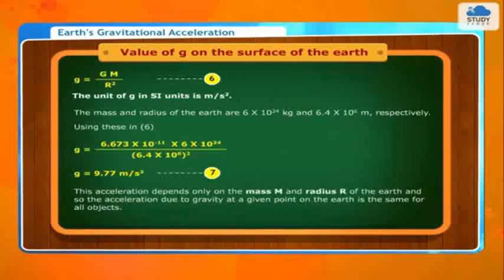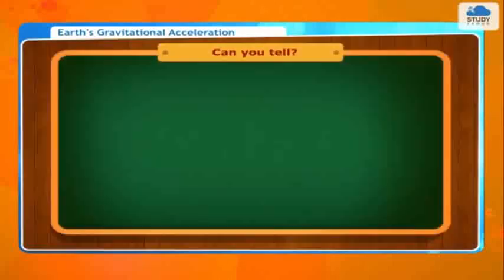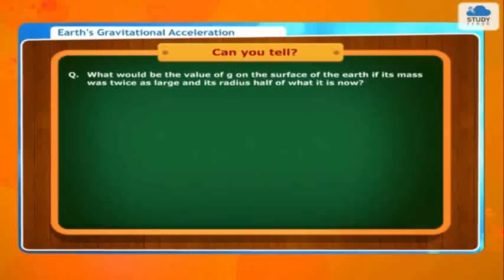This acceleration depends only on the mass M and the radius r of the earth, and so the acceleration due to gravity at a given point on the earth is the same for all objects. It does not depend on the properties of the object. Can you tell what would be the value of g on the surface of the earth if its mass was twice as large and its radius half of what it is now?